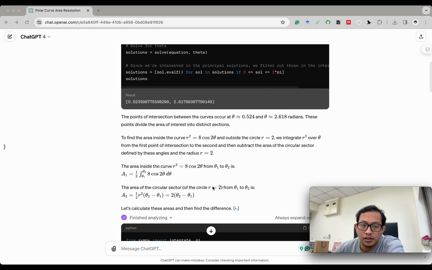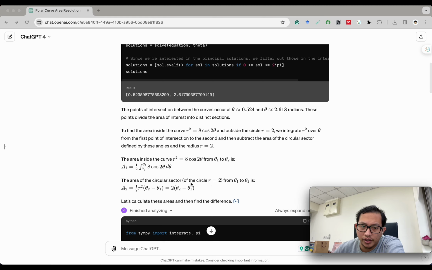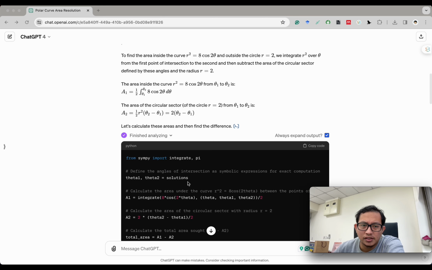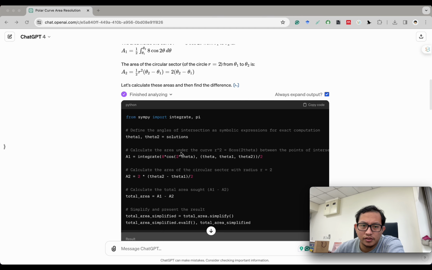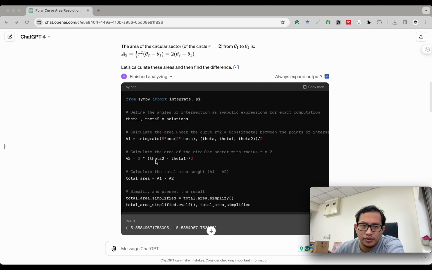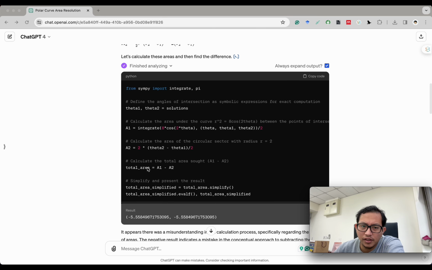So far still okay, but I think there will be some mistakes, which we are going to see. It defines the intersection, calculates area 1 and area 2, and I think the problem is probably going to be in this area.